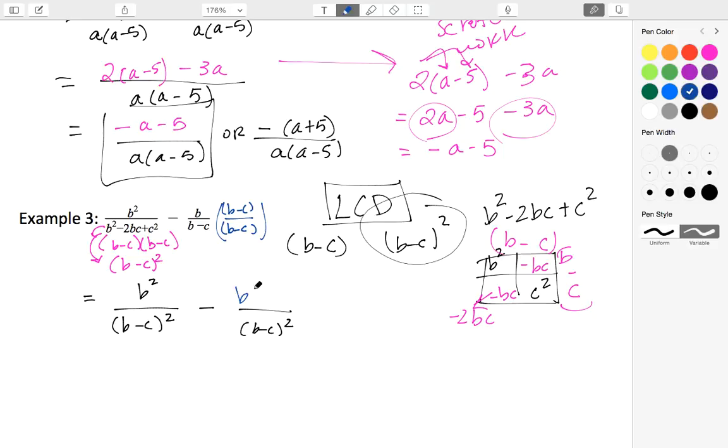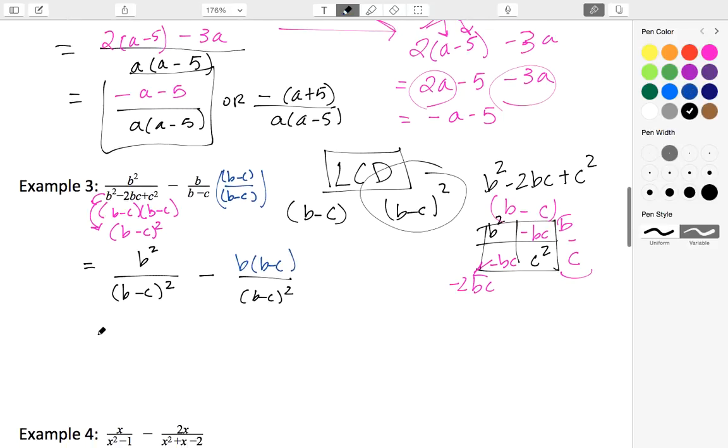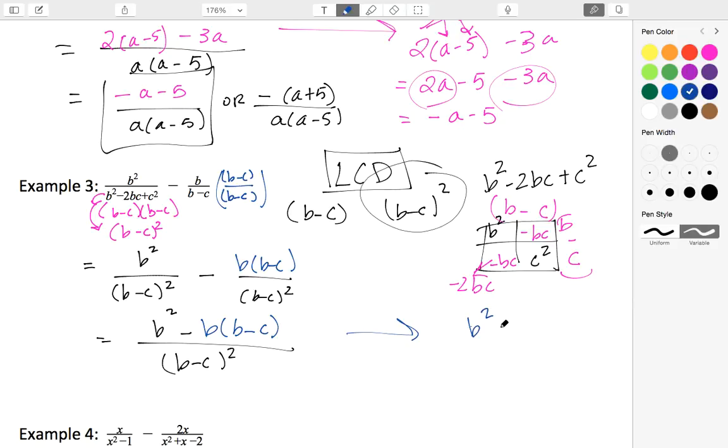So then this becomes b times b minus c, right? So now my new numerator is equal to b squared minus, and just to keep my colors consistent, b minus c. Okay, then you can do your scratch work, and I have b squared minus b times b minus c.